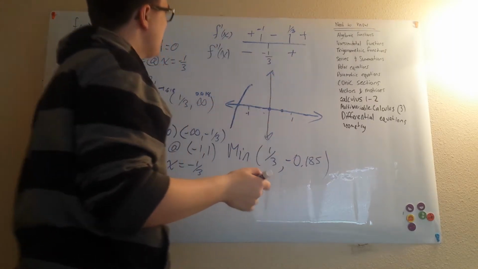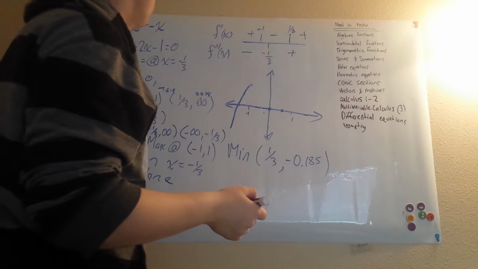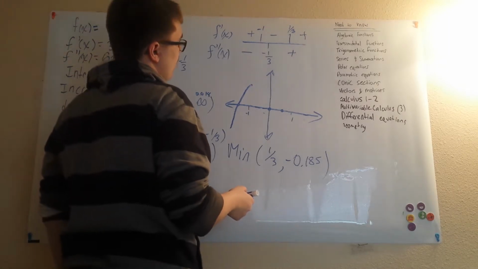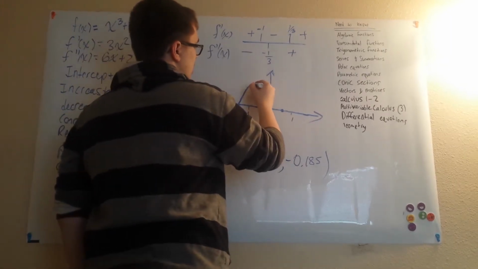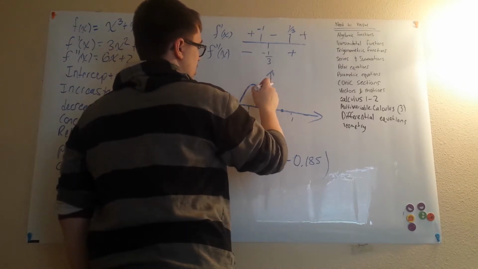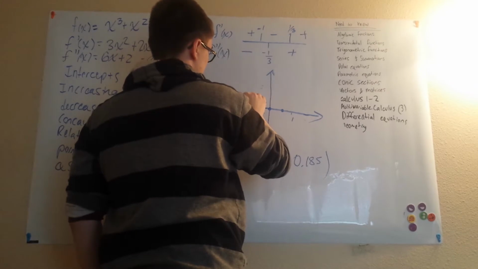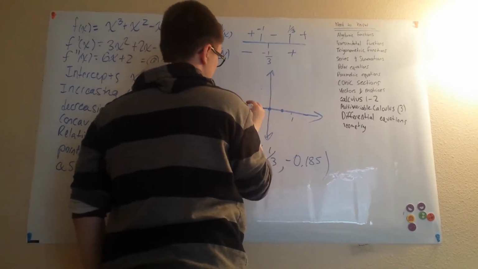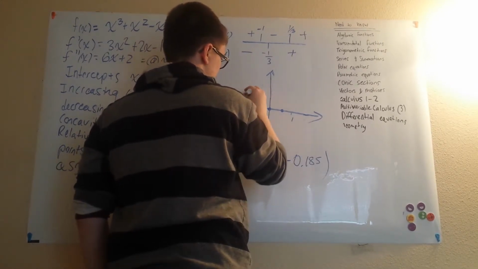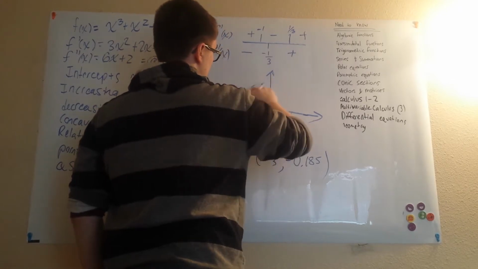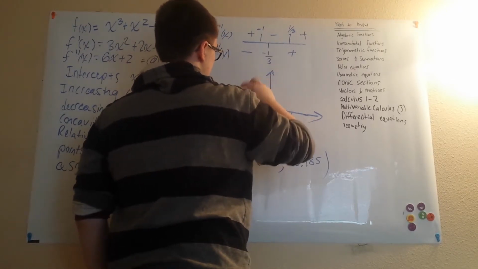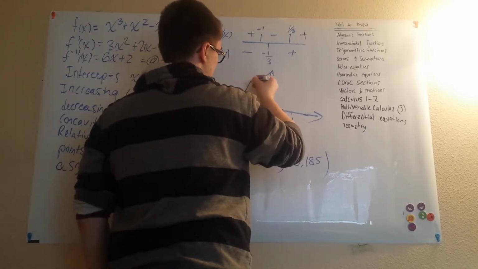And then we're decreasing all the way to 1/3, right? We'll be decreasing all the way to 1/3. Didn't really do this. So we had an increase. Oh, we had a maximum at -1. There you go.